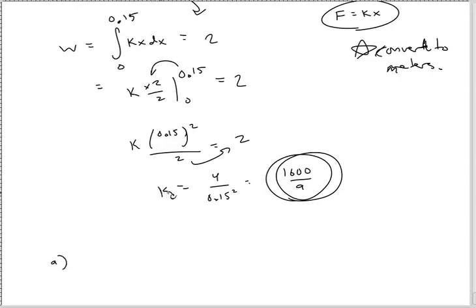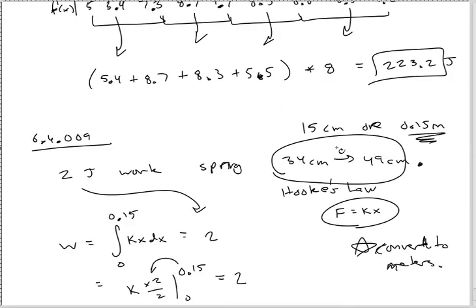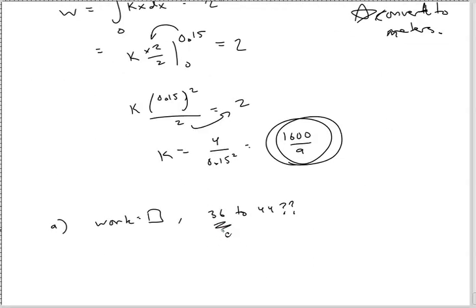This is my spring constant, I guess. So part A, it says how much work to go from 36 to 44. Remember that the natural length was 34, but it's saying 36 here. So really, I'm going 34 to 36, which is 0.02 meters.